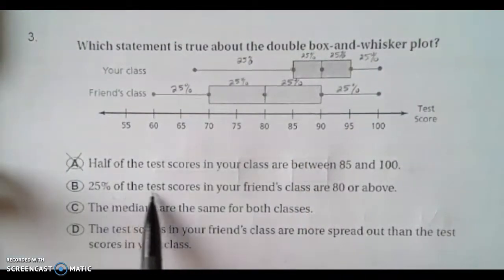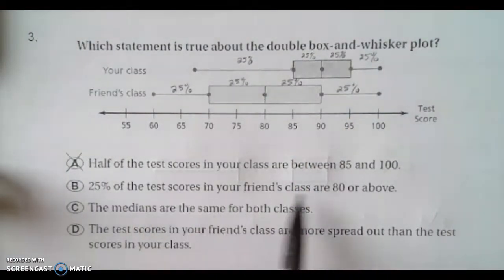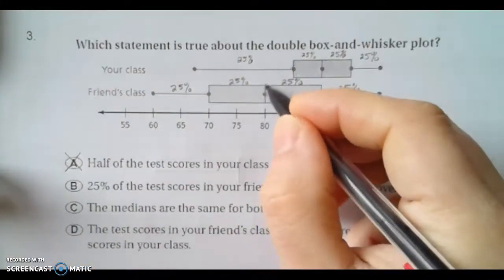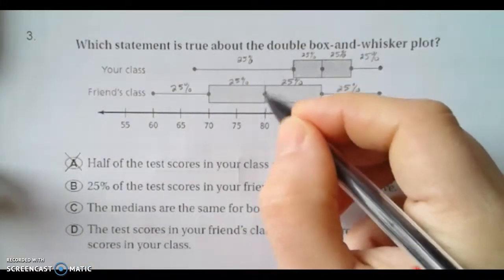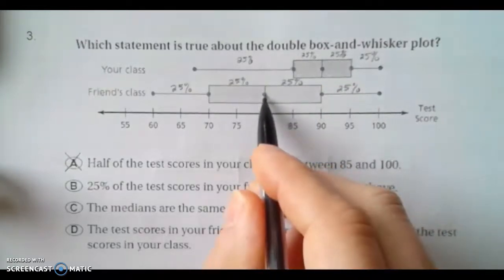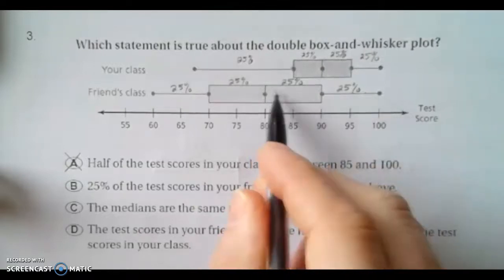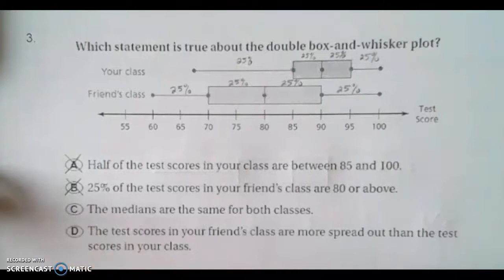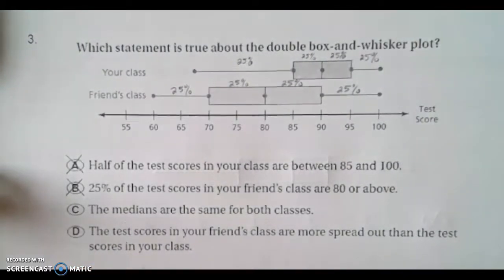We find where 80 is on your friend's class. Here's 80, and 80 right here is the median score. 80 or above is 25, 50% of the scores, not 25%. So B is out.